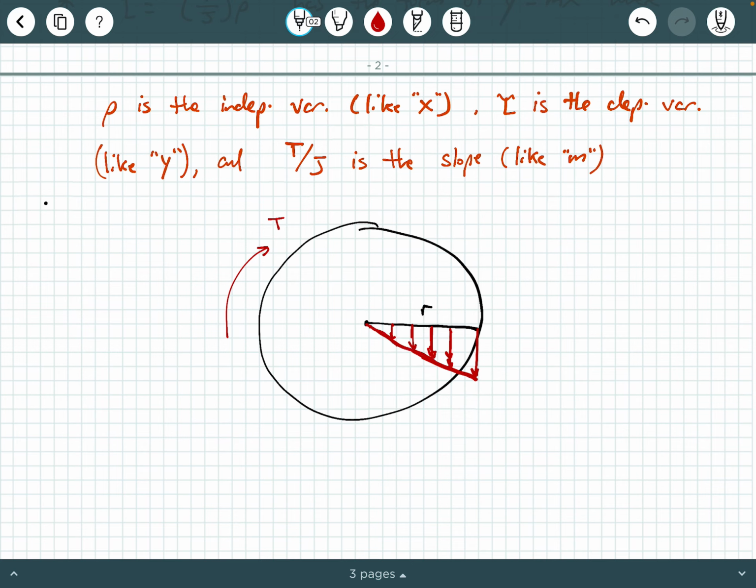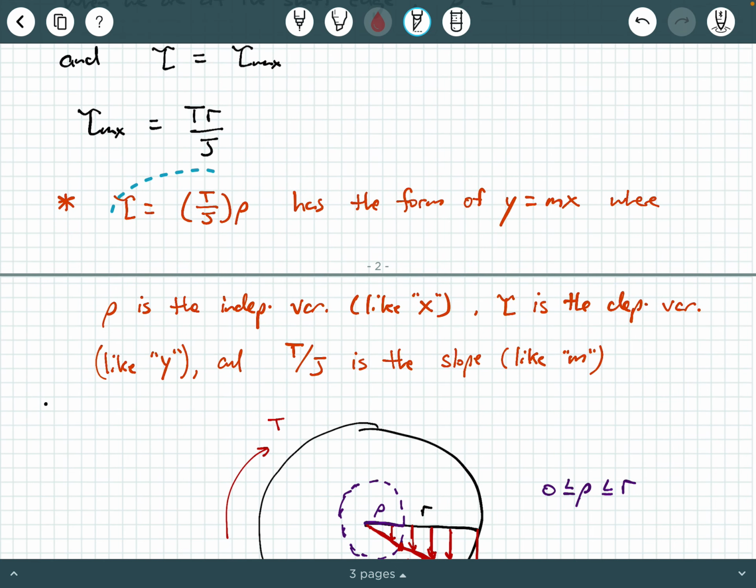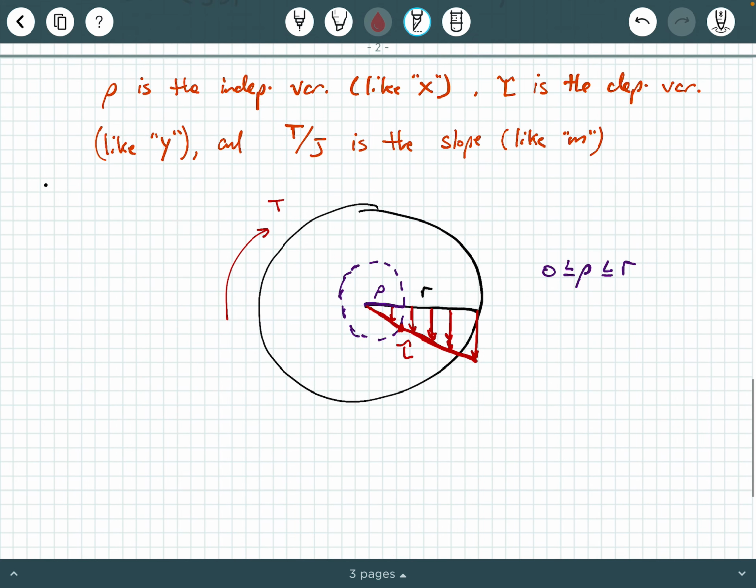So what we're saying is if you treat rho as a variable distance right here, and we say that the domain for rho is from 0 to r, then the way you calculate the shear stress at any point tau at a distance rho away from the center is given by this governing equation. Okay, and then again, when rho equals r, you're at tau max.